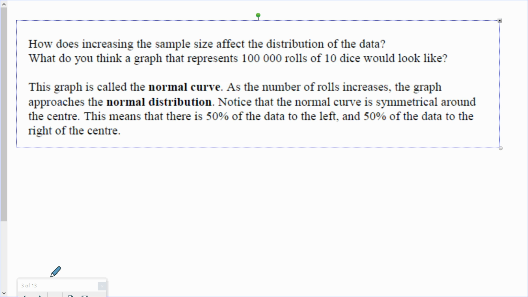The first question in this set says, how does increasing the sample size affect the distribution of the data?